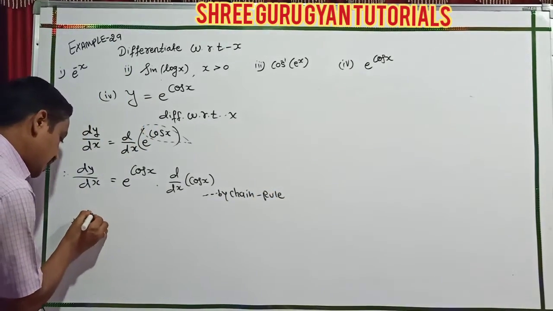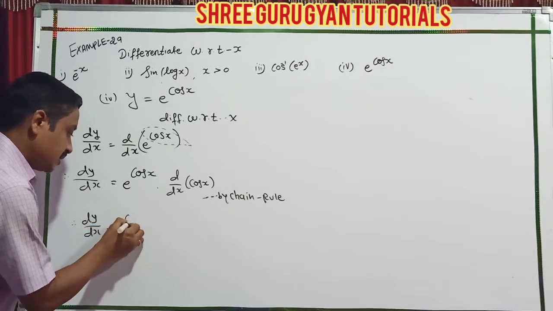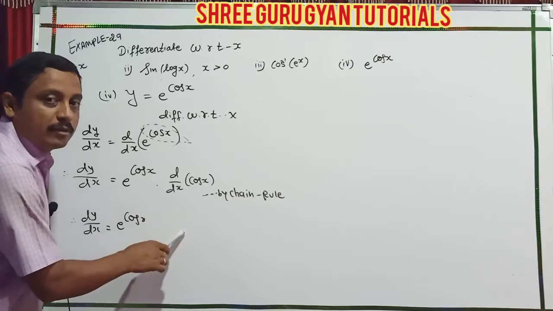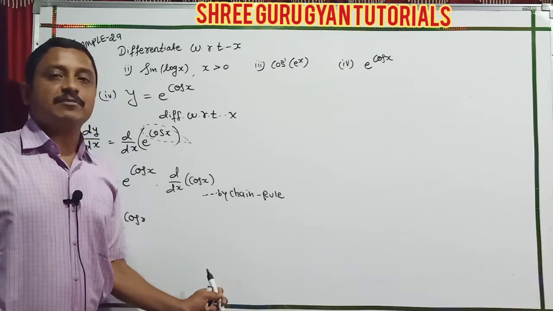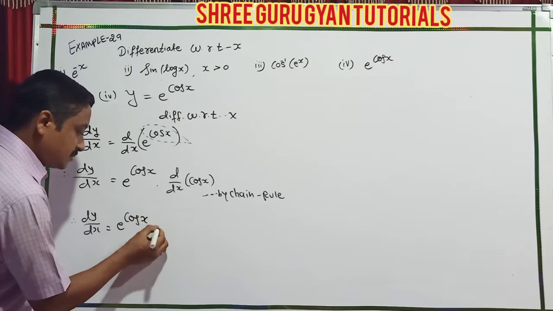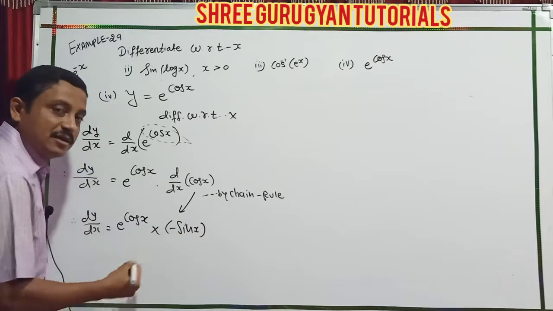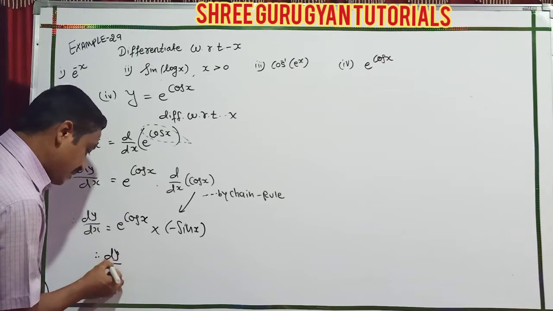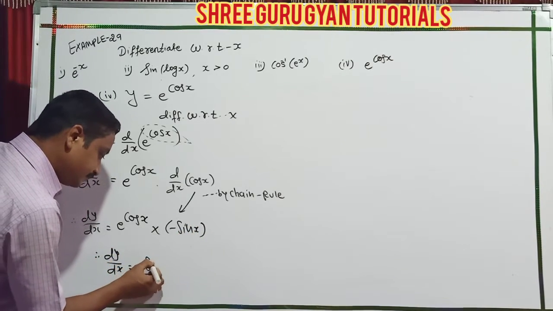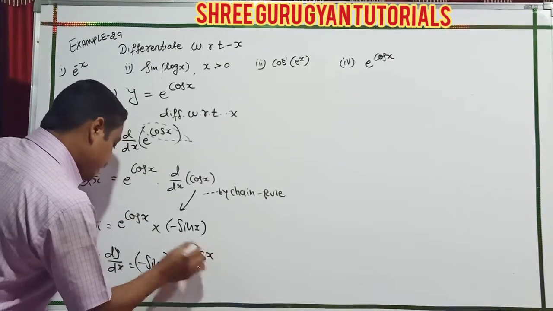Yes, so dy/dx, finally I get e raised to cos x as it is, and that value I apply after that. So students, e raised to cos x as it is, and the derivative of cos x, I know, is minus sin x. So dy/dx over here is minus sin x, e raised to cos x.